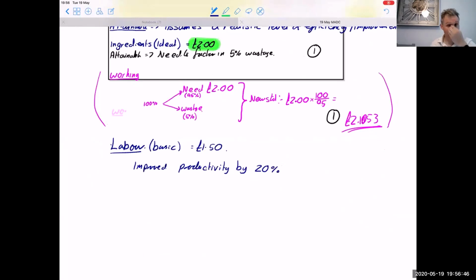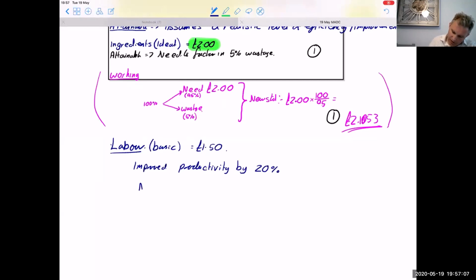by 20%. So we know that that £1.50 was based on what we did 10 years ago, but we now know that we're 20% better now than we used to be. So that £1.50 is effectively 100% last year, but we've got 20% better.